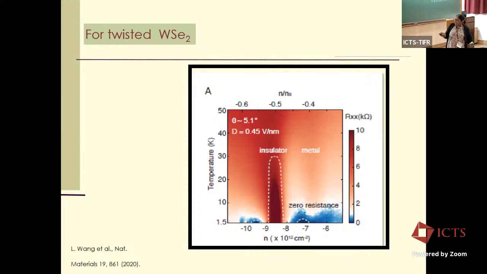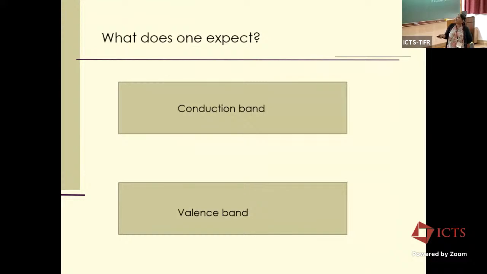So essentially, this is not what you'd expect for a simple semiconductor, where you have a valence band and a conduction band. At the undoped limit, you'd have the Fermi level over here in the gap. Then as you dope into the system, the Fermi level moves into the valence band, and so you have metallic transport. So why do we have these changes in the resistivity?